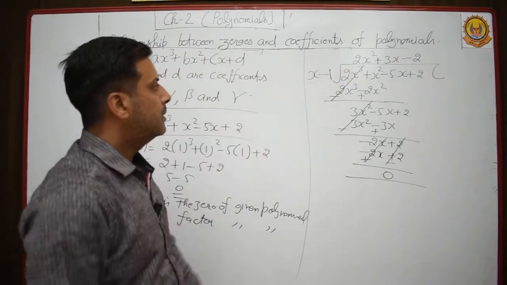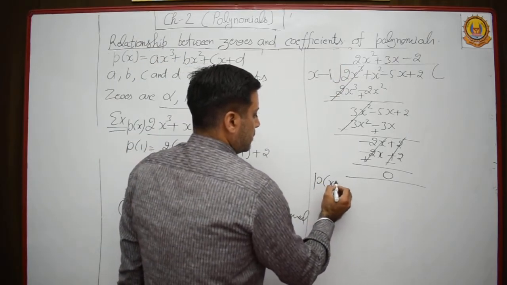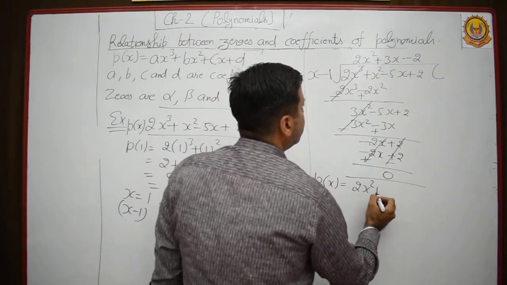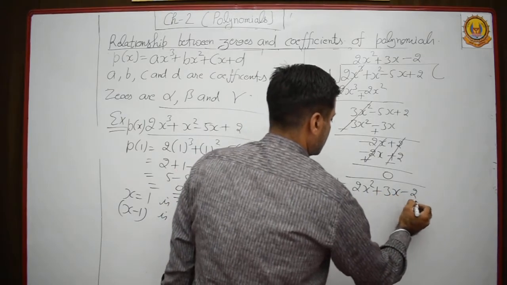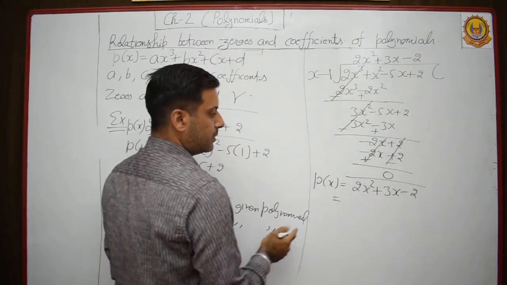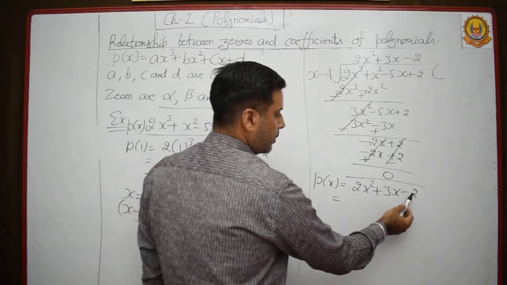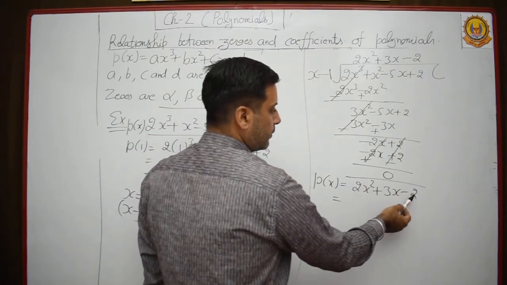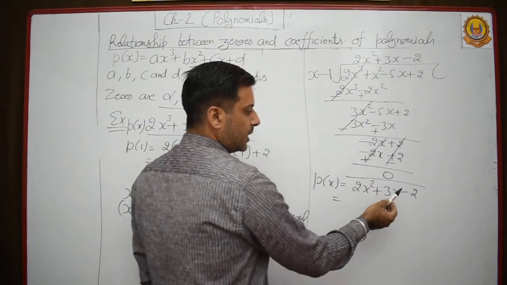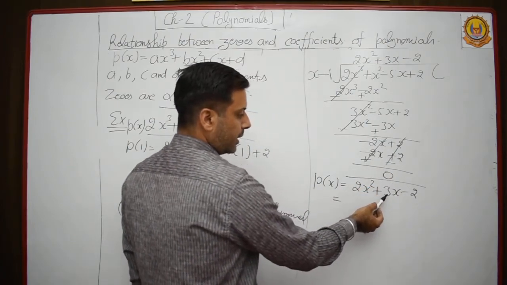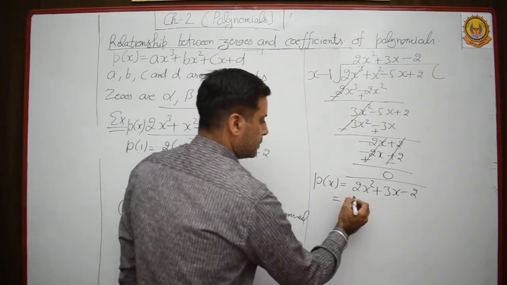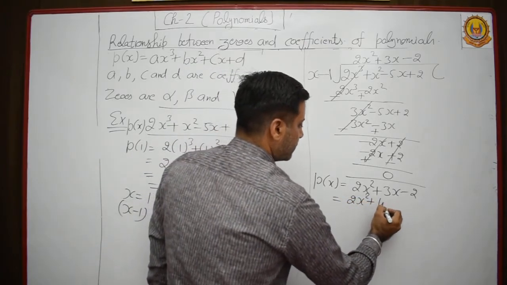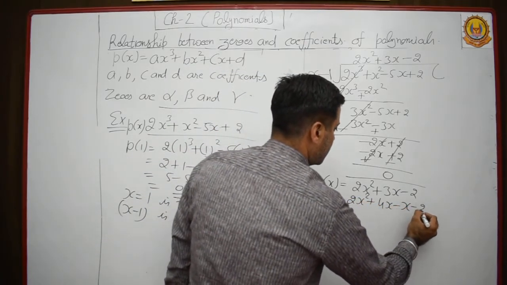So now make the factors of this polynomial, and you will get 2 times 2, 4. By splitting the middle term we will find the factors of this polynomial. Take two numbers whose product is 4 and whose difference is 3, so 4 and 1. So 2x square plus 4x minus x minus 2.